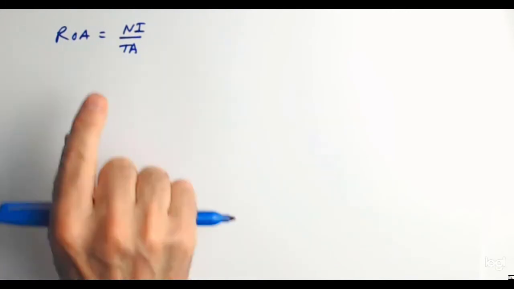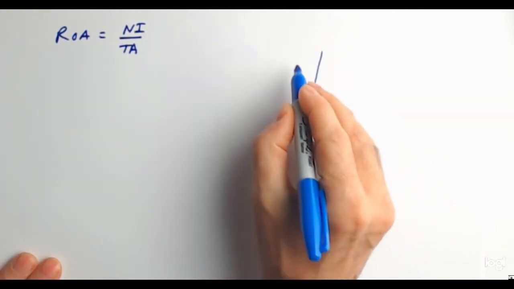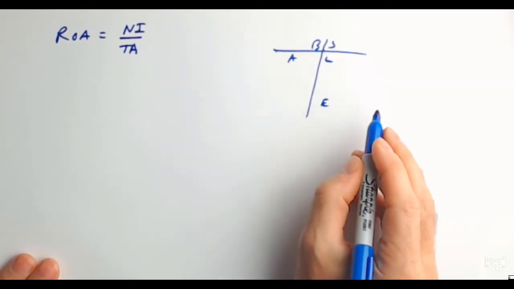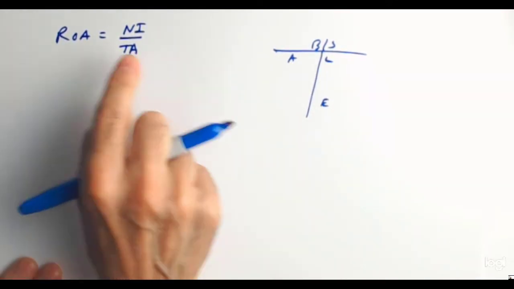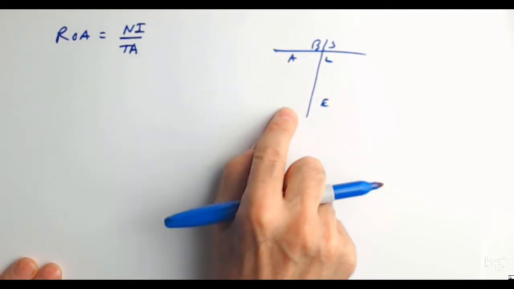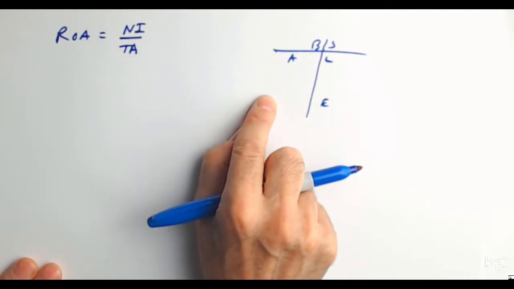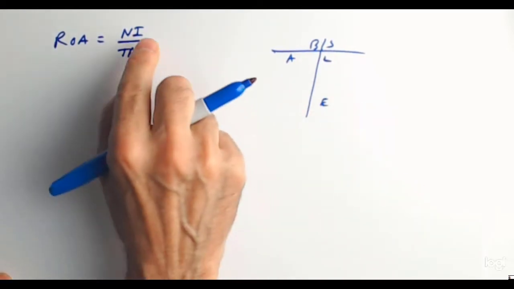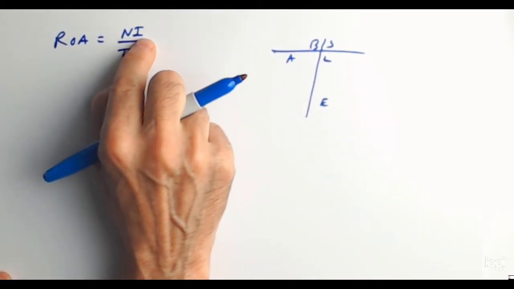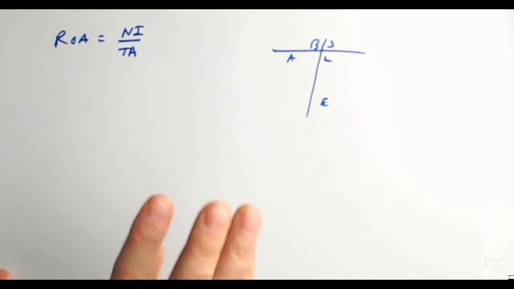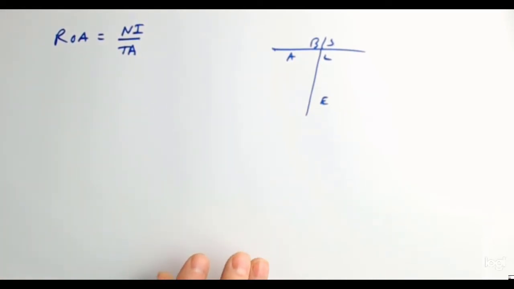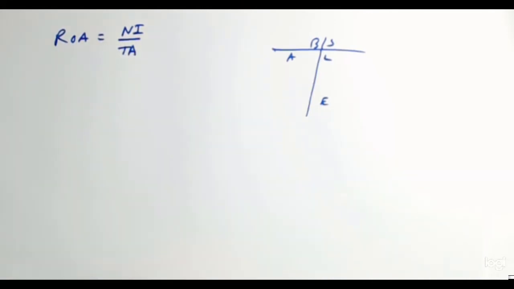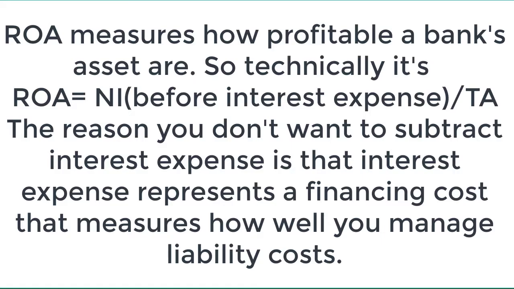Technically, by the way, when you have a balance sheet and you have assets, you have liabilities, and you have equity, return on assets judges how well, in this case, how well a bank works its assets. How profitable are the bank's assets? Technically, it's net income before interest expense, but we'll ignore that minor detail, and we'll just look at return on assets as net income divided by total assets. For our purposes, that's pretty good.